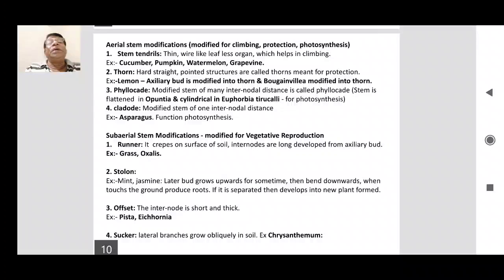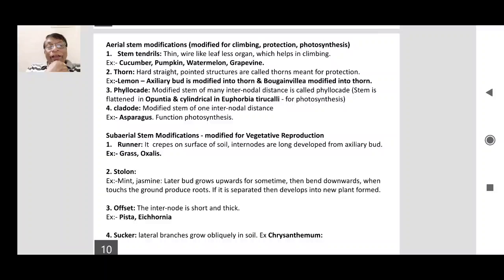Means sometimes the thorn may possess flowers and fruits. Okay. In bougainvillea, we give examination in second year. Axillary bud is modified into thorn.